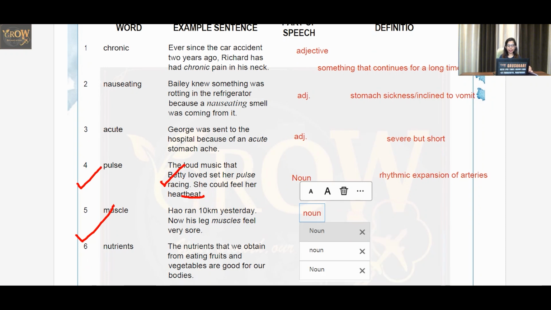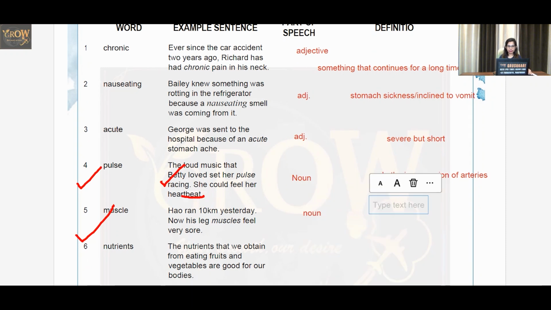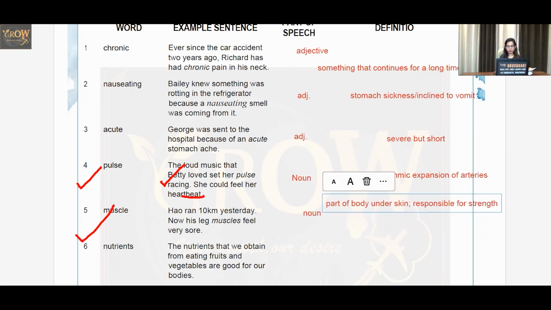And we can call muscle a part of the body that is under the skin, that is basically responsible for strength, right? So this is basically a part of the body that is responsible for strength.